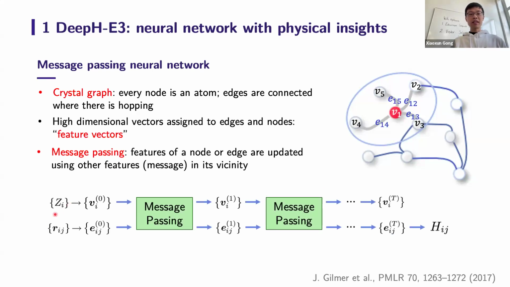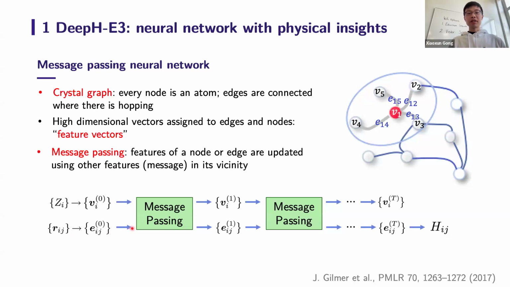So the input to the neural network is basically the atomic species and atomic positions. The atomic numbers we can just embed, and this will become the initial starting point of our node feature, and then the relative distance of two nodes, the relative positions of two atoms, basically become the starting point of our edge feature.